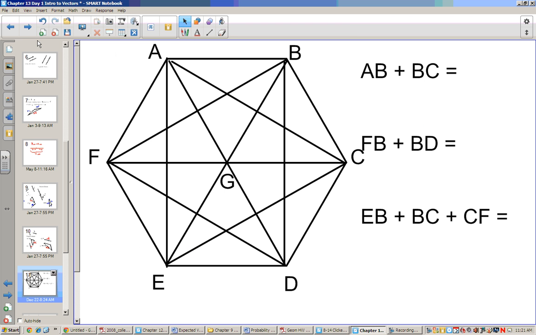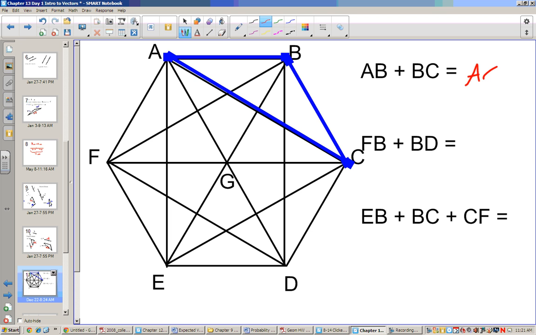All right, now we're going to look at a diagram with a bunch of vectors on here. If I have AB plus BC, I'll trace this out. What vector is this plus this? Hopefully you can see it is AC. So that would be vector AC.